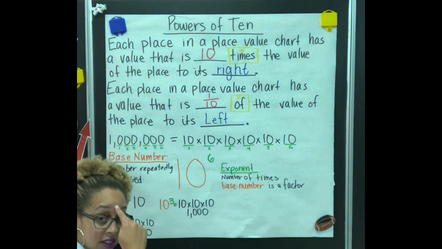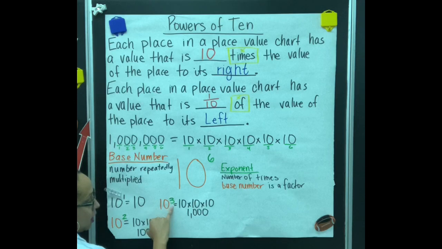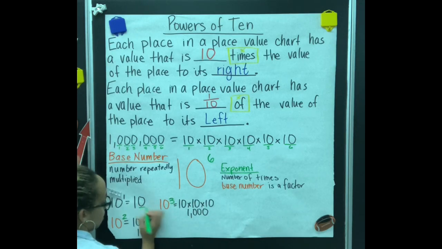And if you're paying attention, do you see how this has an exponent of 1? That means I have how many zeros? This has an exponent of 2, that means I have how many zeros in my number? This has an exponent of 3, it means I have how many zeros? Am I finished?